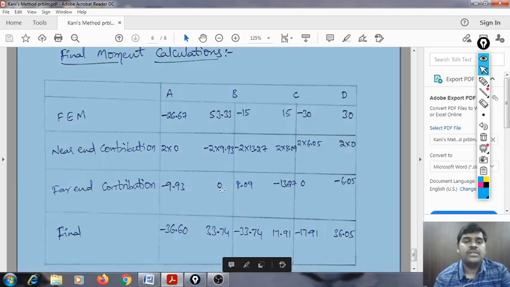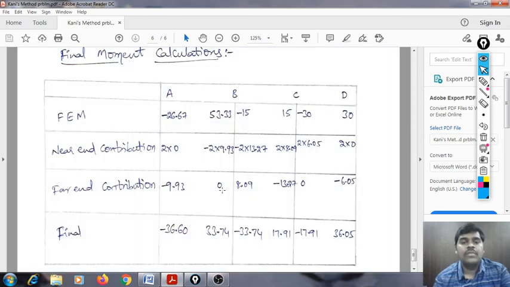When you look from B, the farthest point is A, so there is 0 for the far end contribution here, marked with a cross. In the same manner this will be the far end for this, and 13.27 will be the far end for this, and the same here.